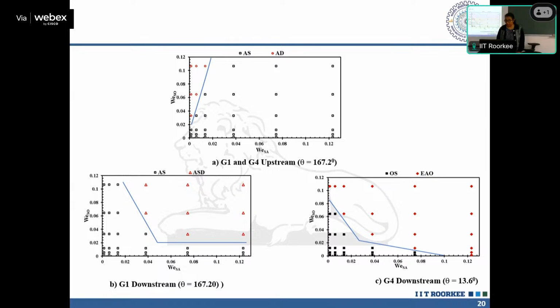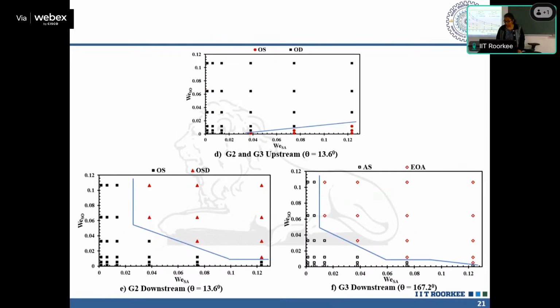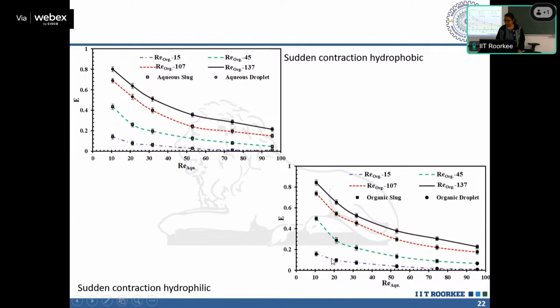What type of flow regime we have at the lowest, the type of regimes also matters when it comes to low Reynolds number. The organic phase Reynolds number is very low, and the aqueous phase Reynolds number is also low.